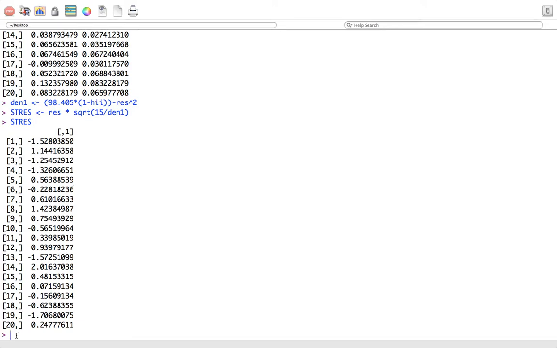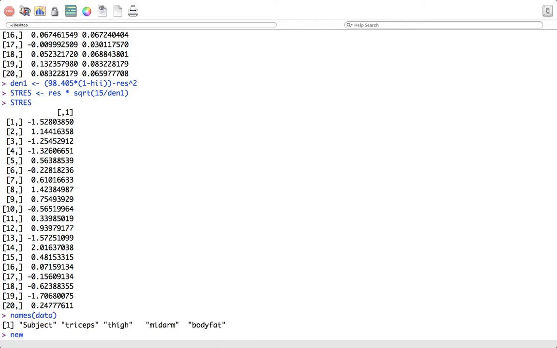So guys, I'm going to call this new data now, and I'm going to do a data frame. So I'd like to step back and just, again, take a look at what I need here. So I want body fat. All right, so I want my Y, which is body fat, first.